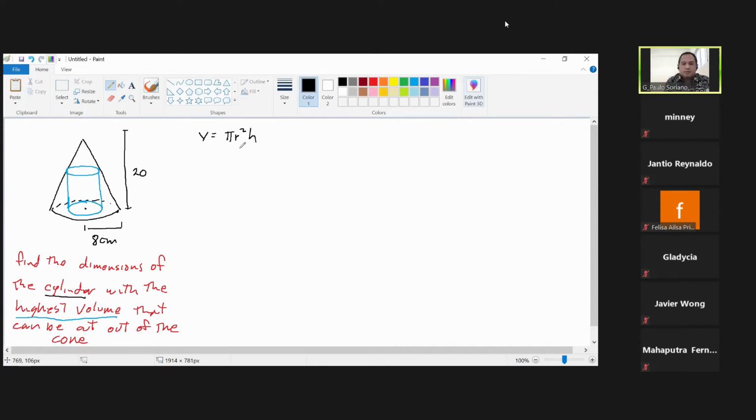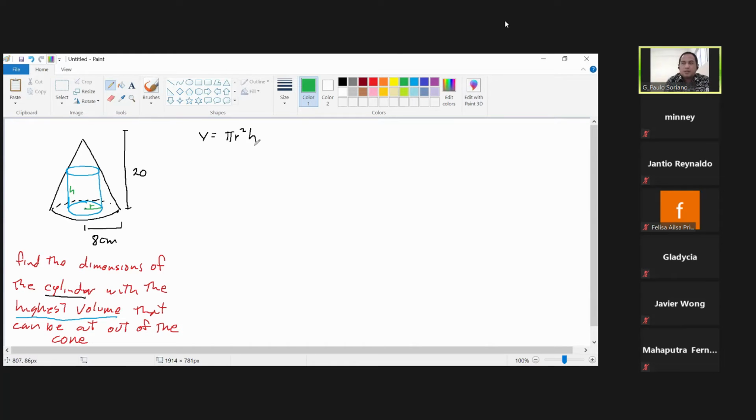Okay. However, we do not know any of this, right? We don't know what the radius is. Basically, we do not know what r is. We don't know h as well, correct? But we cannot actually work on this because again there are three unknowns.